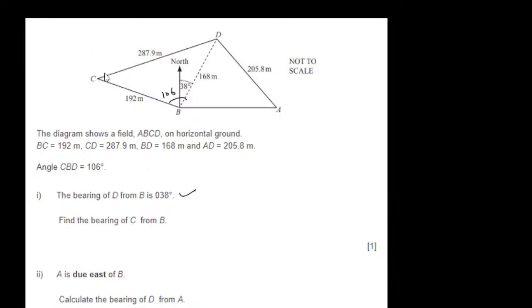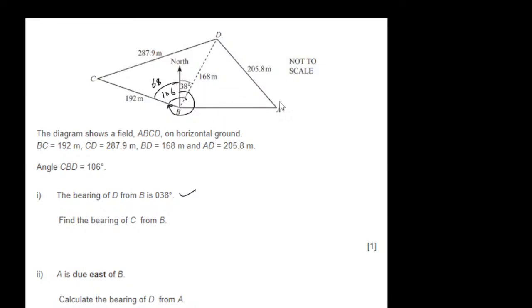We have to find the bearing of C from B. From B, this particular angle I have to find out. First of all, let us find this angle, which is easy to find. It is 106 minus 38, which is 68.